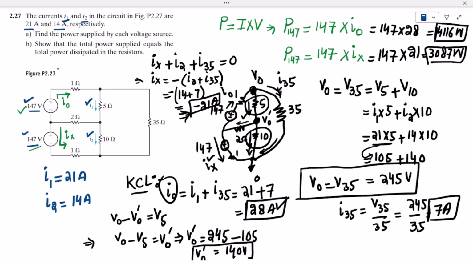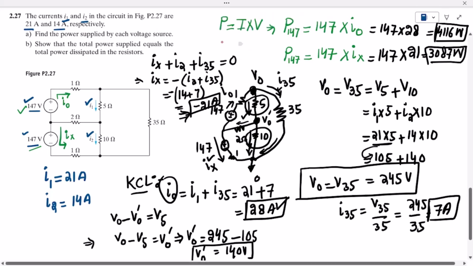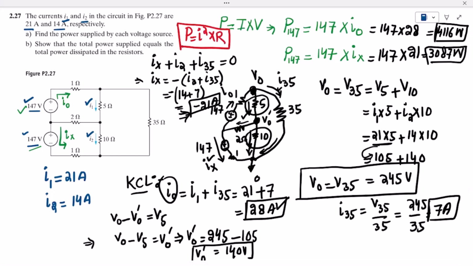In order to find the solution of part B, we need to find the currents in each of the resistors here, and then we will apply the formula P is equal to I square into R. The values of the resistances are known. What we have to find out are the currents here.